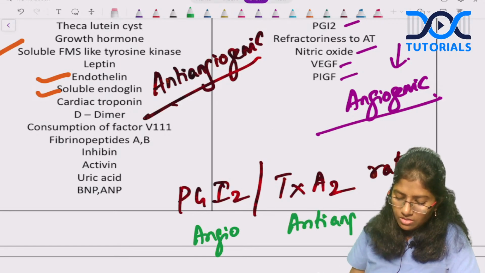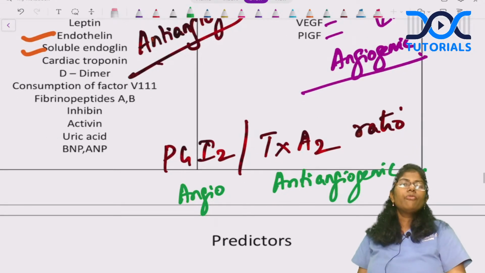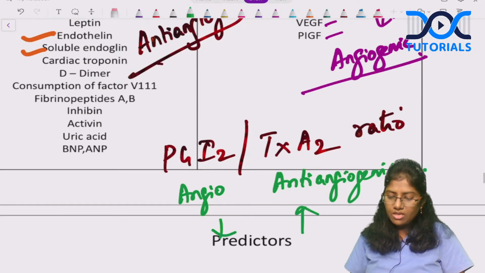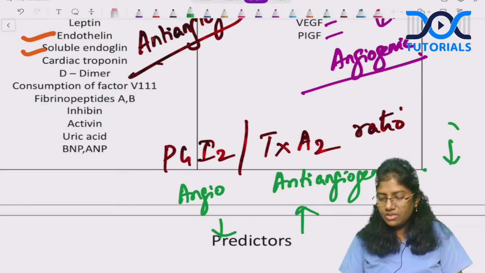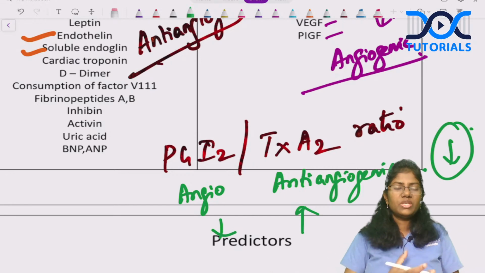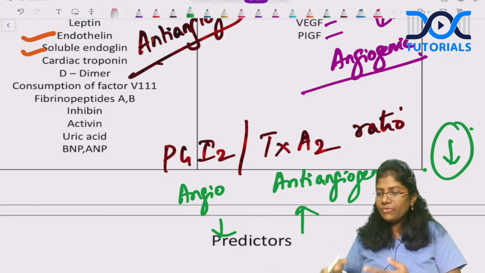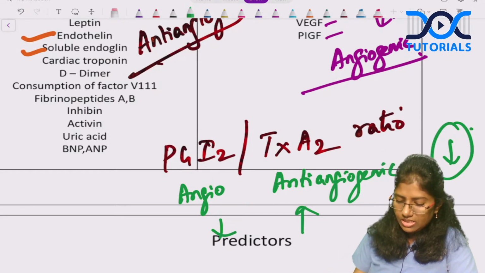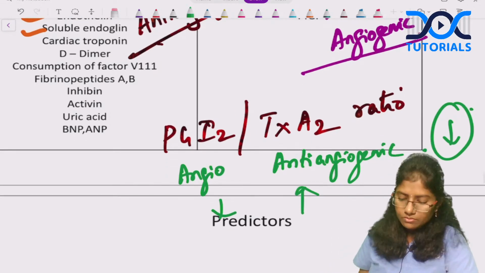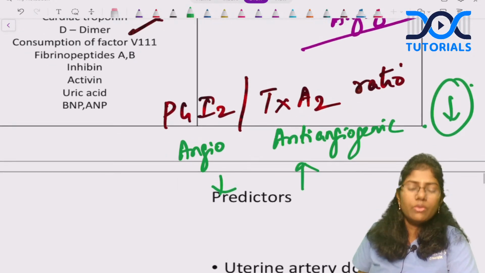So what will happen? This will increase, this will decrease for a woman at risk of preeclampsia. Because thromboxane A2 will increase, PGI2 will decrease, and the ratio will decrease. So this is it about preeclampsia.